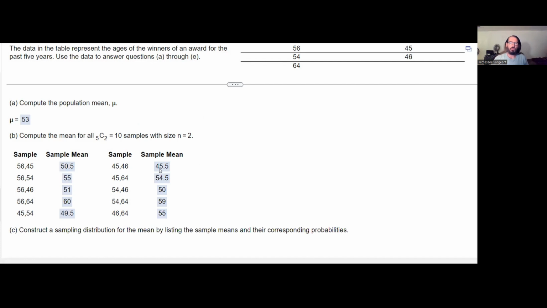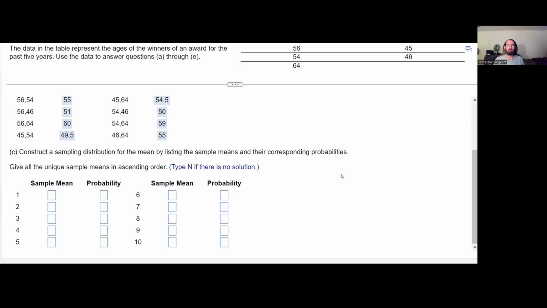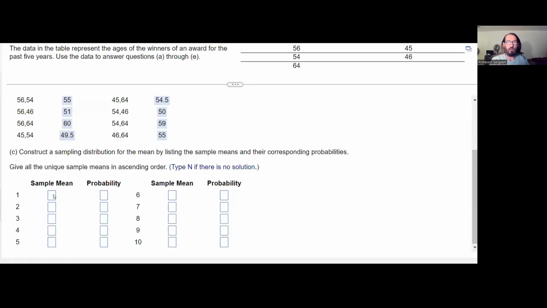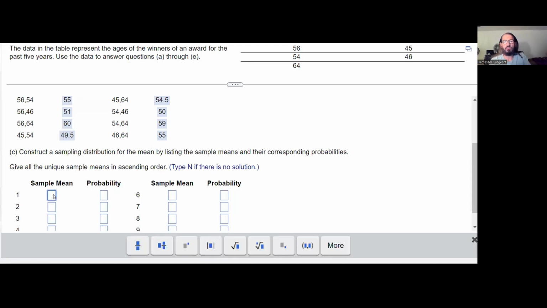Construct a sampling distribution for the mean by listing all the sample means and their corresponding probabilities. Let me think for a moment here. I could be way off here, but let's try this. The first sample mean that I came up with was 55.